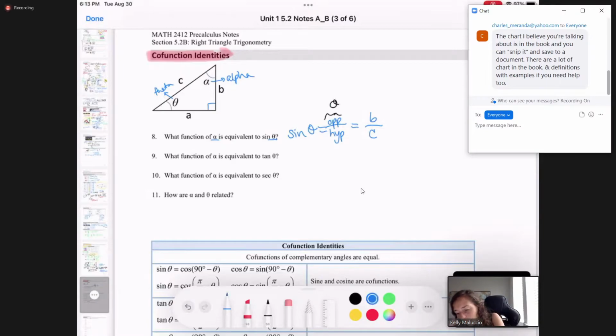Now we want to see, what is this for alpha? If I'm looking at alpha, the angle right here, what is B? B is going to be my adjacent over C, which is still my hypotenuse. And so this is actually cosine of alpha.